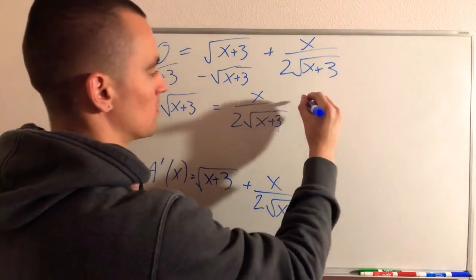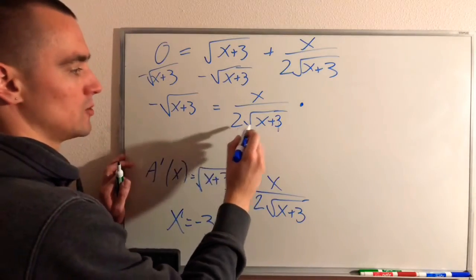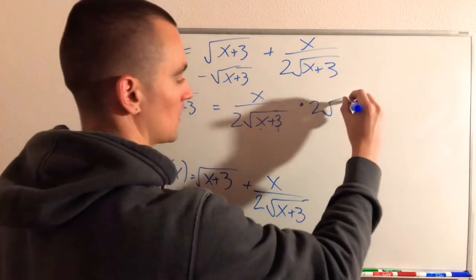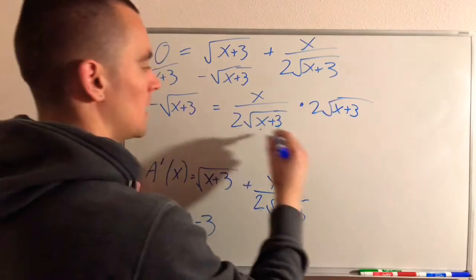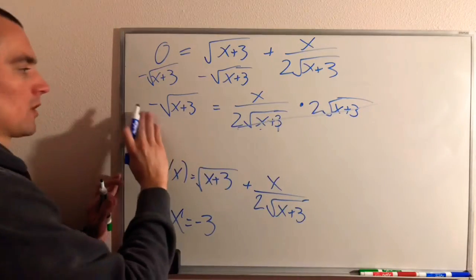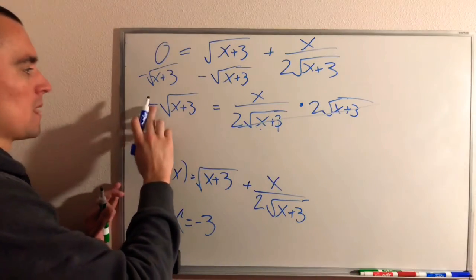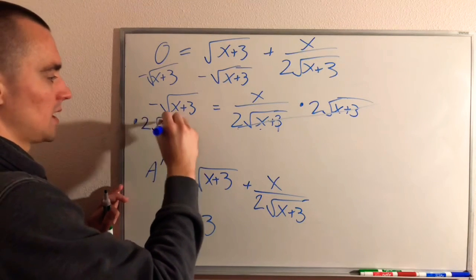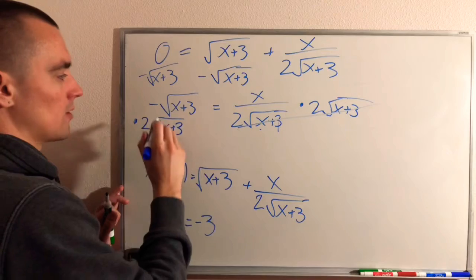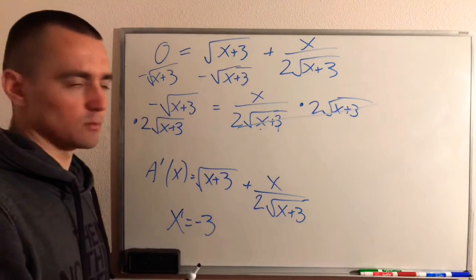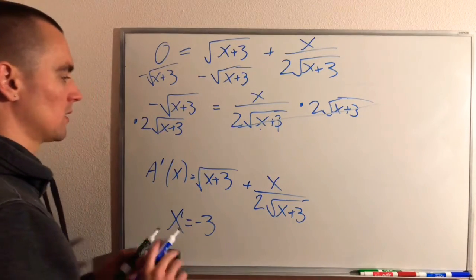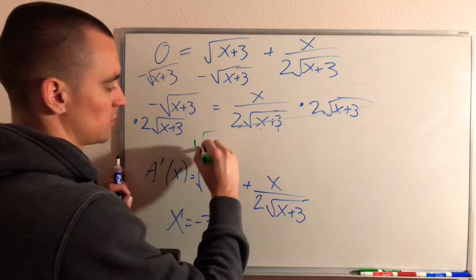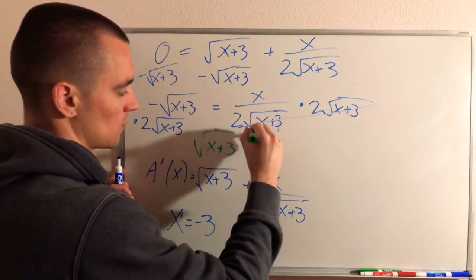And now what we can do is multiply both sides by 2 times the square root of x plus 3. And if we do that, we're going to cancel over there. We're going to multiply it by what's over here. If we multiply this times 2 root x plus 3, our square root of x plus 3 times square root of x plus 3 is the same as doing square root of x plus 3 squared, right?